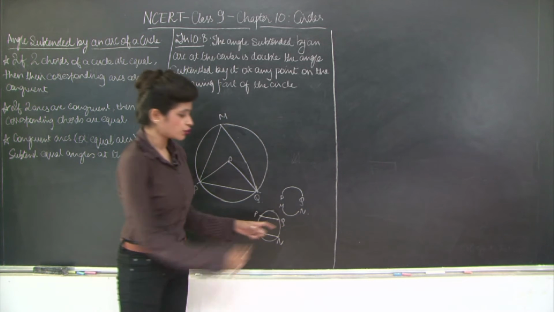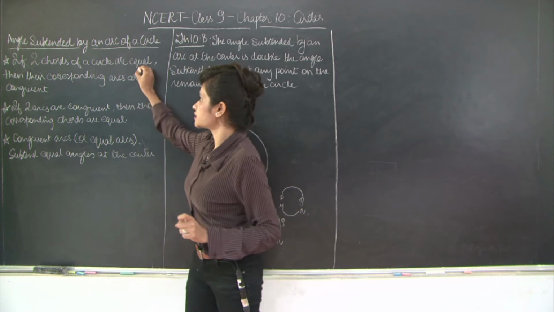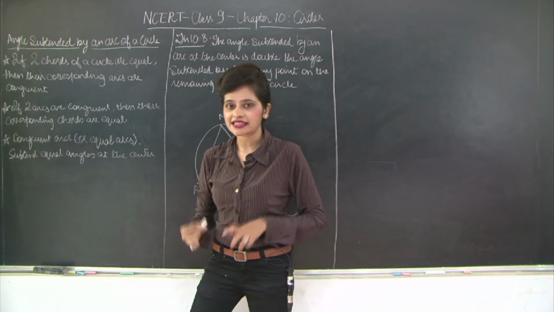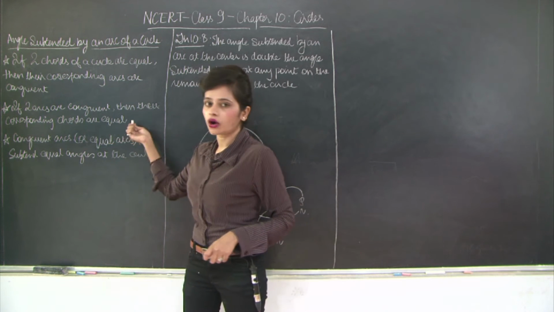So they are not just equal, but they are also congruent. So if two chords of a circle are equal, then their corresponding arcs are congruent, and vice versa. If two arcs are congruent, then their corresponding chords are equal.